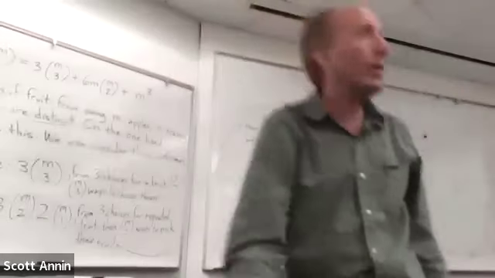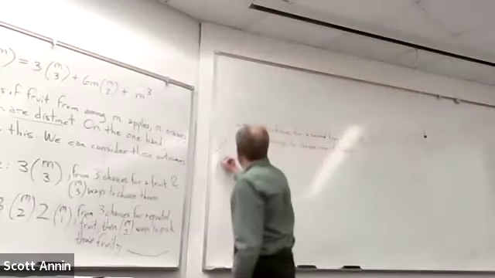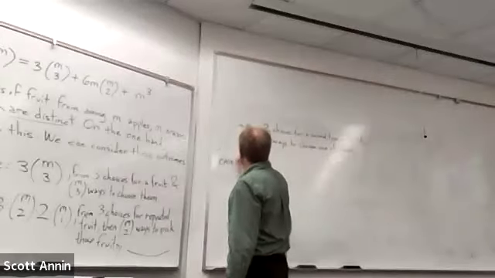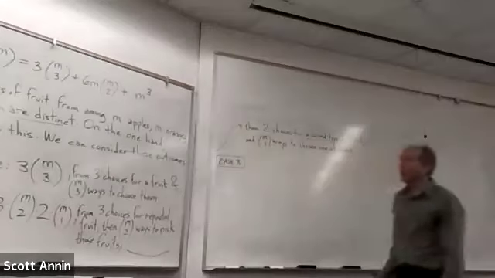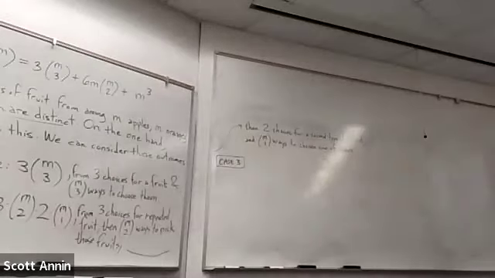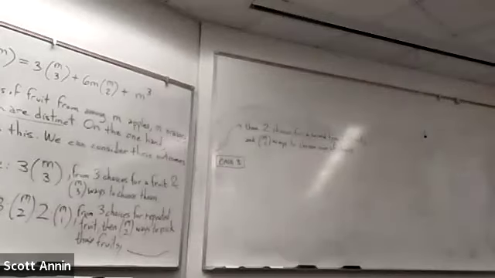Finally, the last bit of this is case three. And this is where we are going to do what? What's the third case going to be? One of each kind, right, exactly.